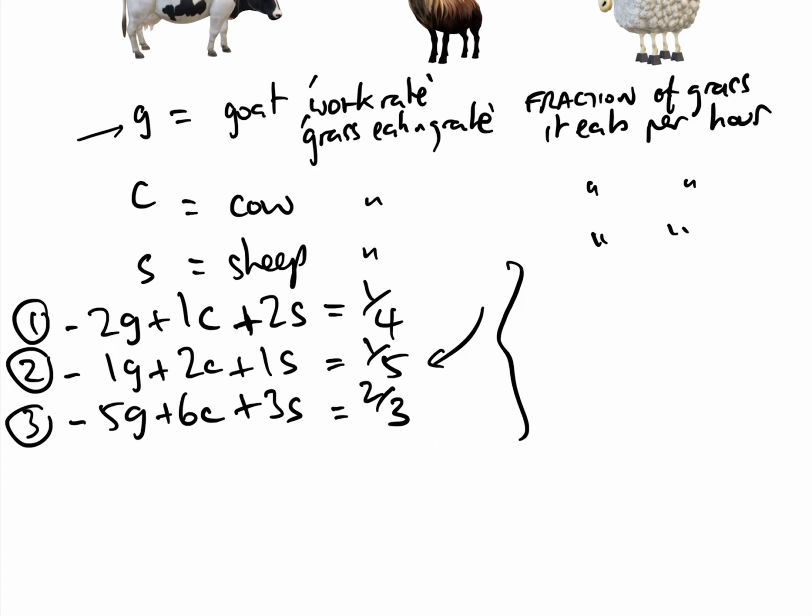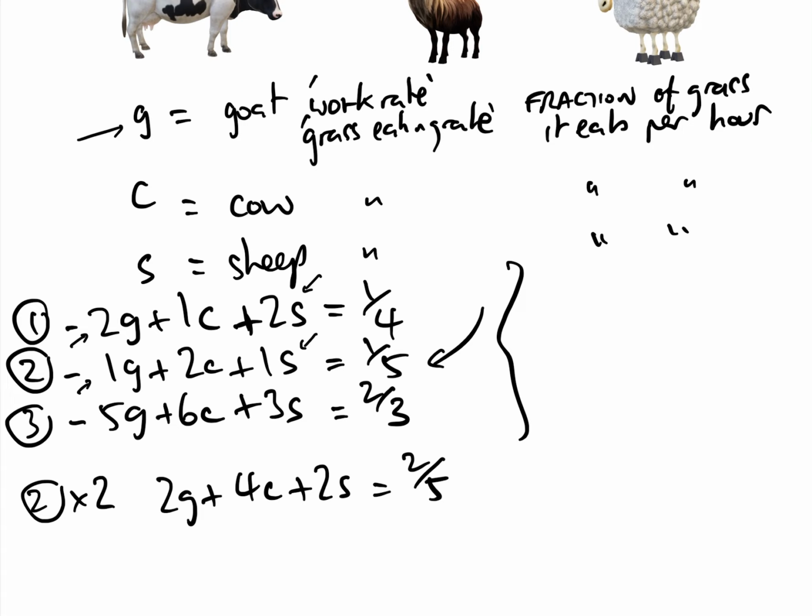Now normally in exams they will have 2 equations which are relatively similar, where you can eliminate 2 of the variables. And if we look at 1 and 2 here, we see that's 2g and that's 1g, and that's 2s and that's 1s. So basically if we multiply 2 by 2, that gives us 2g add 4c add 2s equals 2/5.